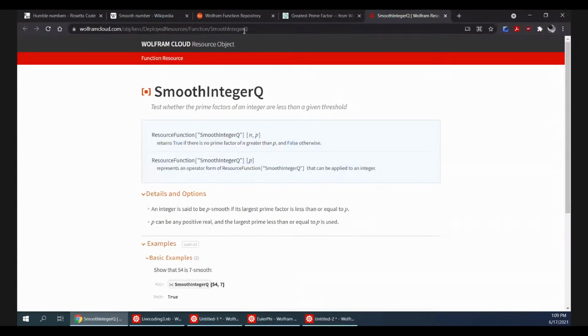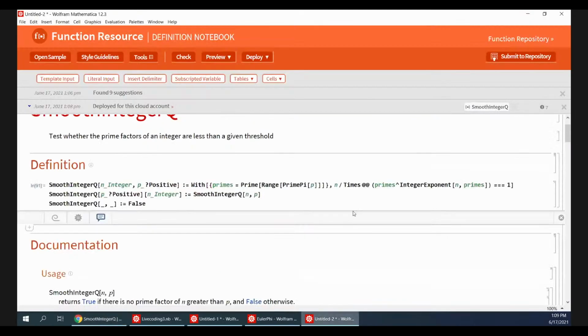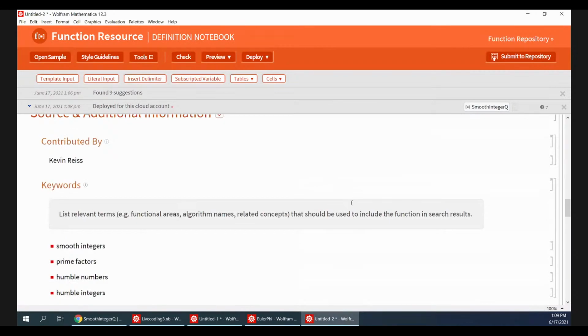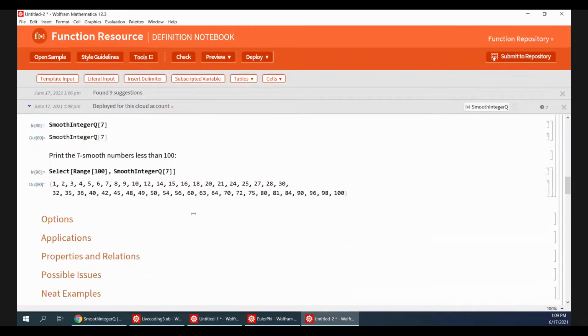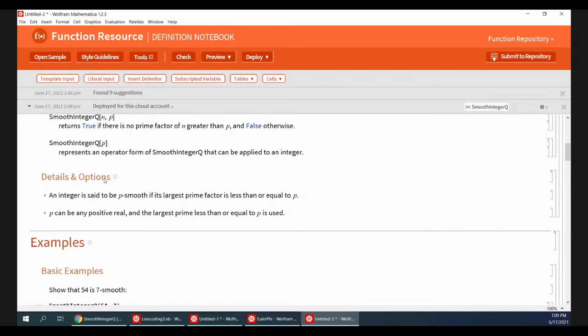The other thing to look for, sometimes under details and options, people need to use a bit of formatting to explain math. Sometimes the tool chain will not convert that very nicely. If you deploy like this, you'll see. If you have a bunch of traditional form math equations in details and options, which is great, you should do it.